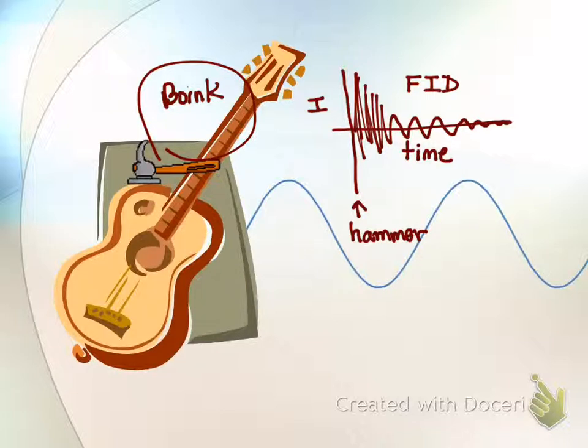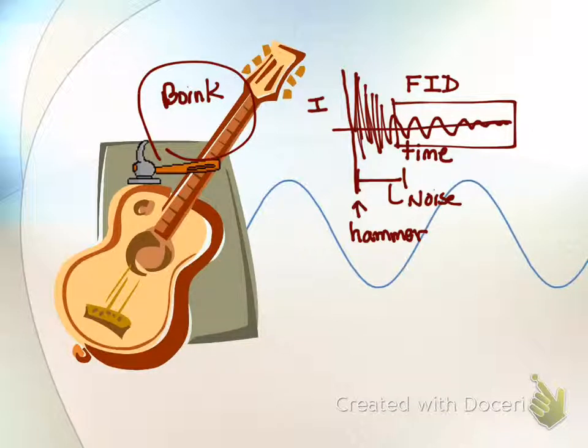So here's the thing. If you had the right kind of instrumentation, and I'm bypassing a lot of slides by doing all this here, first of all, you wouldn't listen to this part here. That's noise. But you would pay attention to this part here. Now we know the amplitude's going down, okay? But if you measure the period of the note, that would tell you what the frequency is.